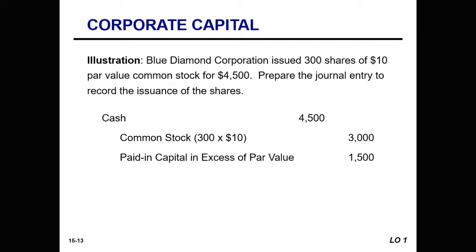Knowing you received $4,500, you divide $4,500 by the 300 shares that it's representing. We received $15 per share. $5 per share in excess of par.